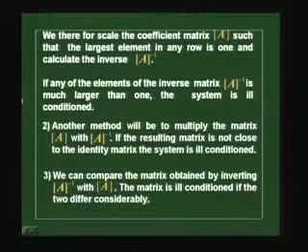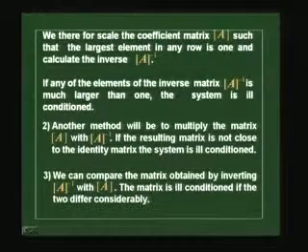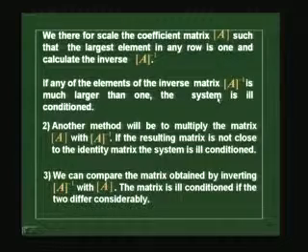That's the definition of what's called a condition. So if the A inverse is still very large after we do all the scaling, such that the largest element in any row is 1, then the whole equation is called ill-conditioned.